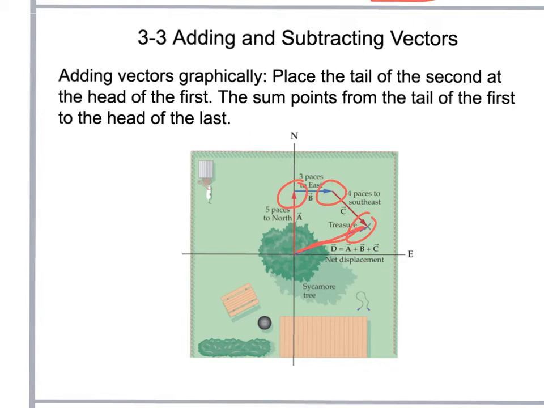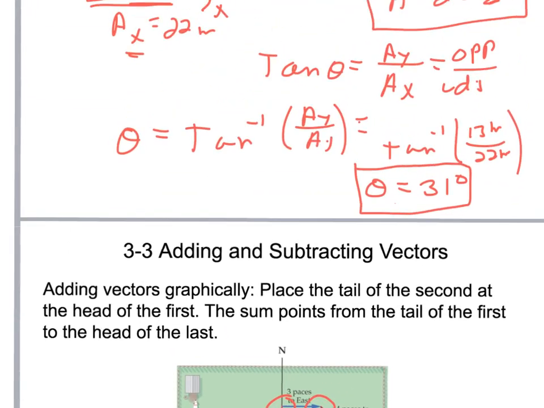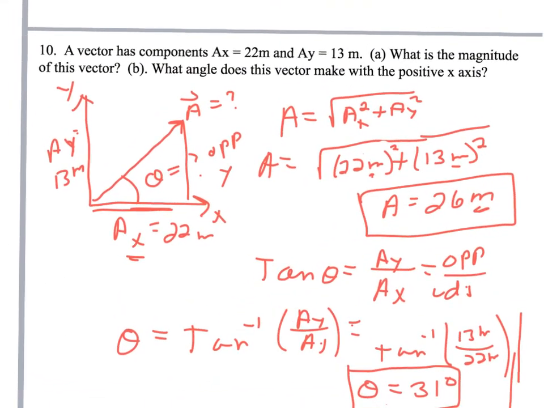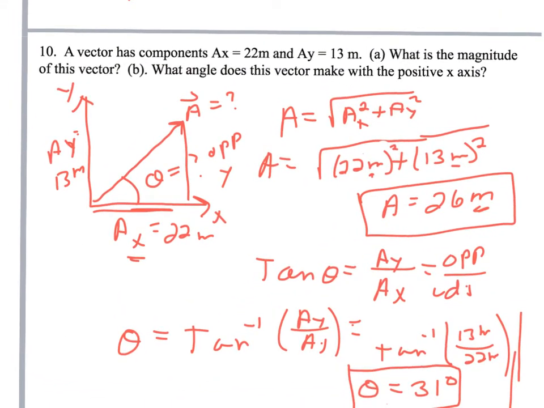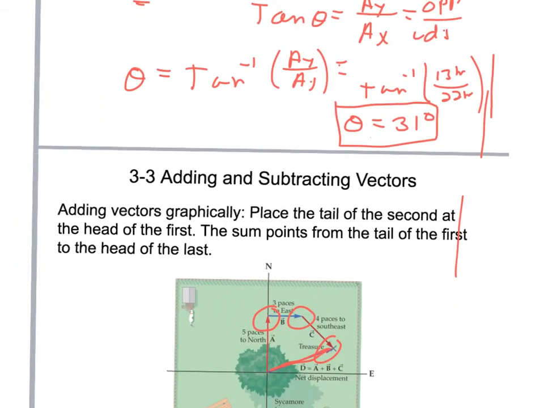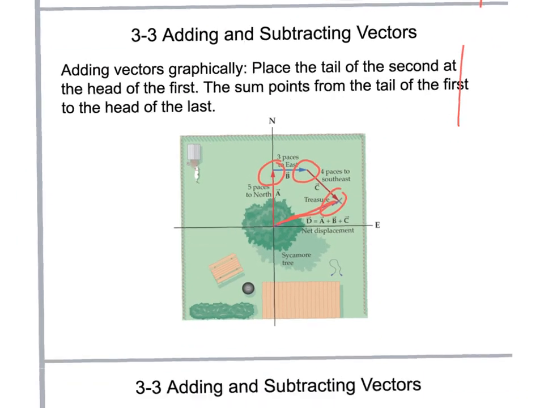That's pretty straightforward. If we look at this problem right here, we found the vector A, and if we found all the other ones, we would just sum them together to find that vector D.